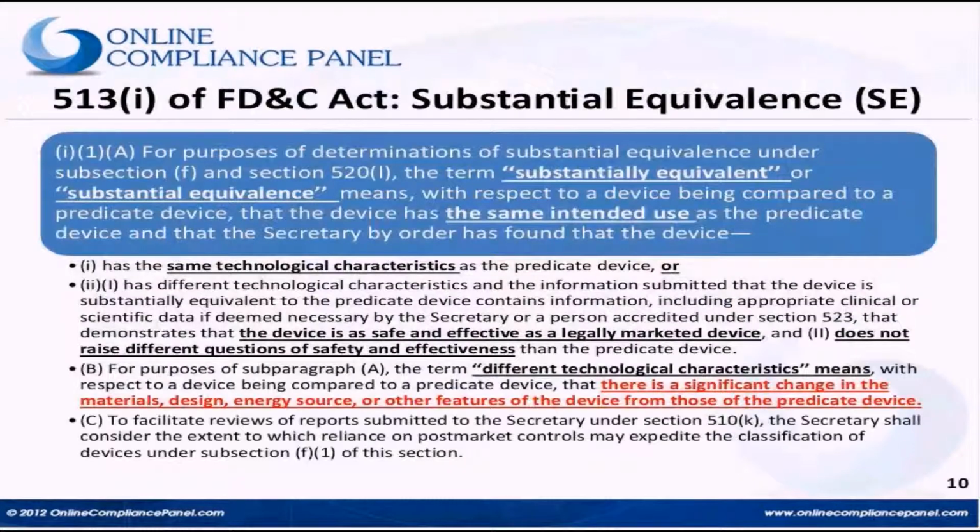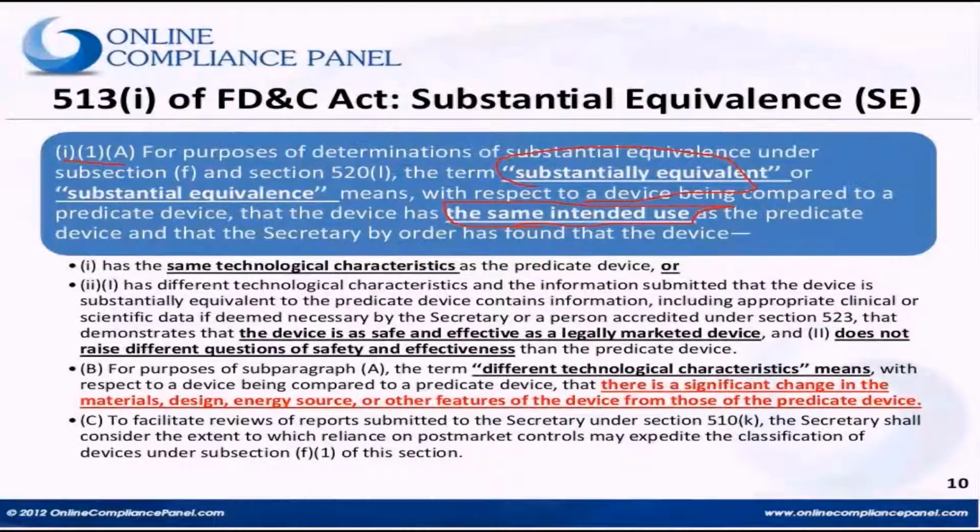Now, what is substantial equivalence? The term is right here in the FD&C Act, for example, Section 513(i) of the Act. Substantial equivalence means, with respect to a device being compared to a predicate device, for example your subject device, that your device has the same intended use. Please note, the same intended use, this term is used in the FDA's guidance document issued December 27, 2011.